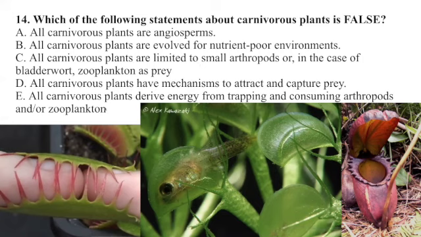Well, let's read all of these and see. D, all carnivorous plants have mechanisms to attract and capture prey. Yes. E, all carnivorous plants derive energy from trapping and consuming arthropods and/or zooplankton. So that's true, right?